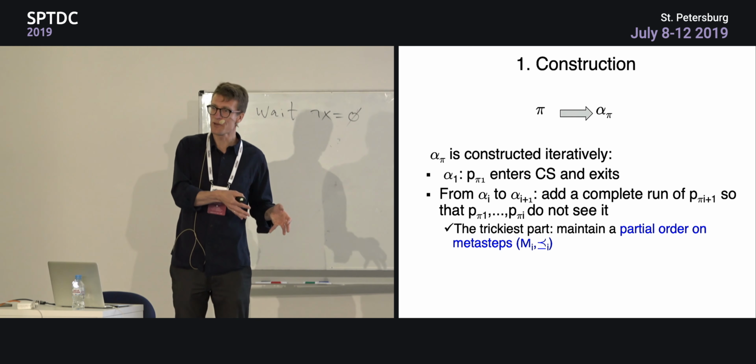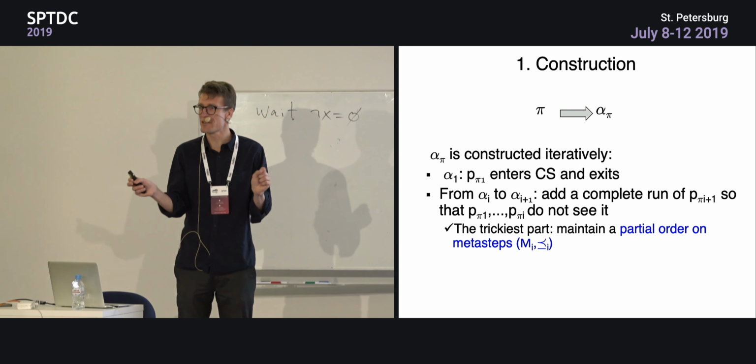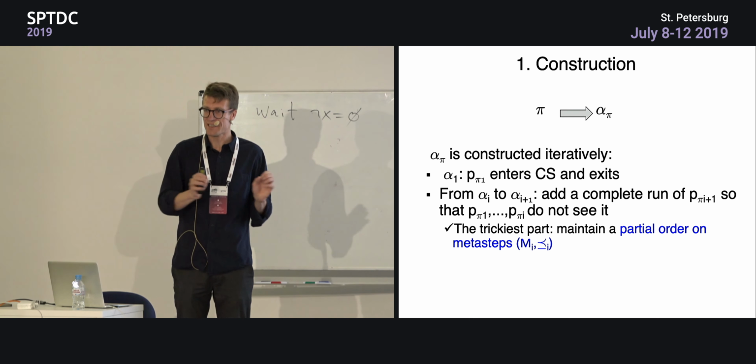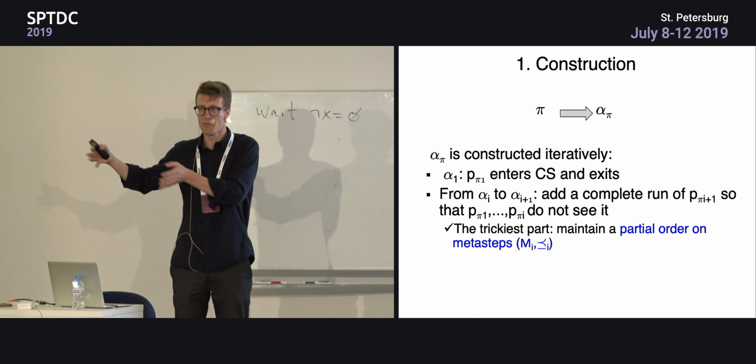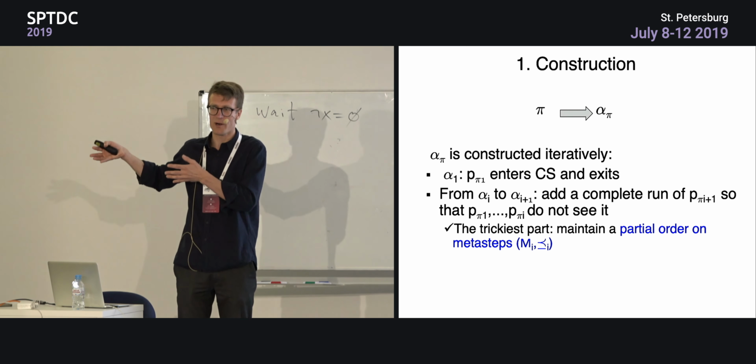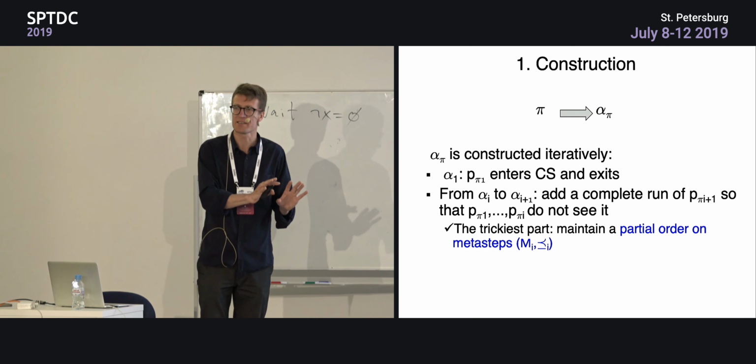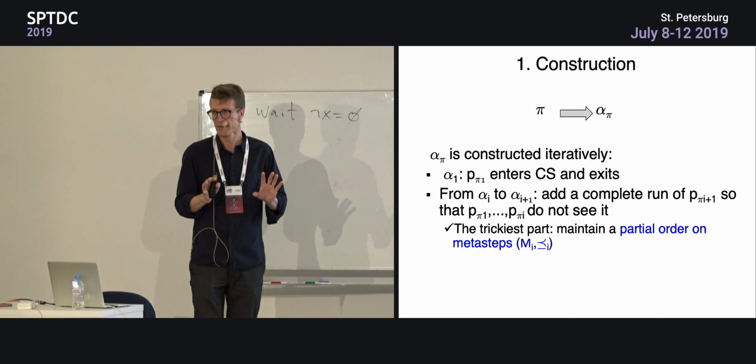Now I introduce one more process, and I don't want them to execute the critical sections in a different order. I want them to stay the same, except that this process should somehow force them to do some more work. I'm not going to discuss it in detail because it's really, really technical.